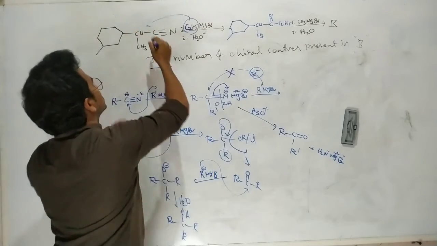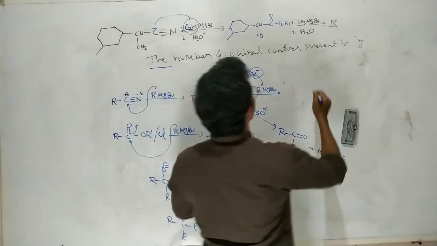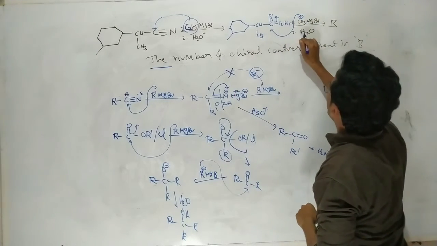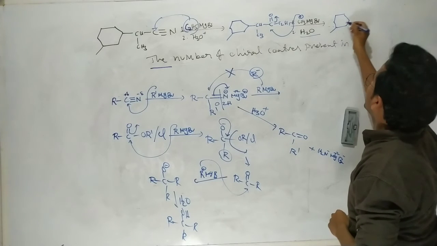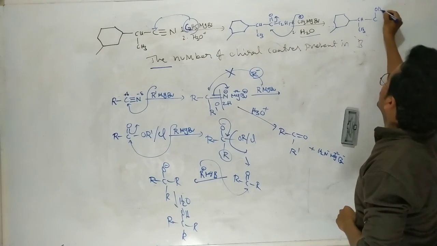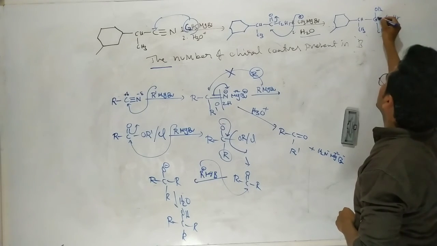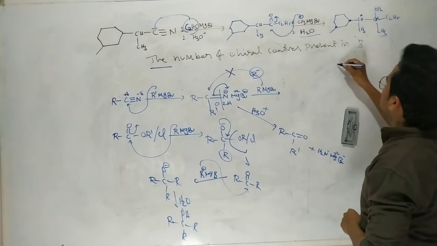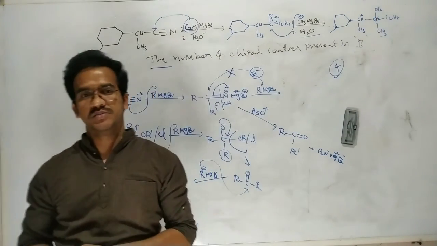Now again methyl magnesium bromide attacks on the carbonyl carbon followed by hydrolysis, so we get the alcohol as the final product. Here CH3, this one becomes OH, and this is ethyl and this is methyl. Now it is a chiral carbon, this is also a chiral carbon, and this is also a chiral carbon. So totally 4 chiral carbons are present in the final product B.